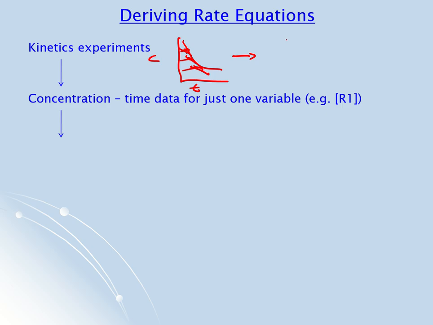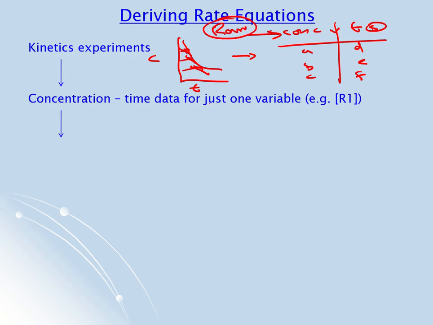From that, we can put together a little table of concentration versus time, usually in seconds, with concentrations A, B, and C, and times D, E, and F, raw for graph. Sorry, apologies, doing this back to front. That's our raw data. From our raw data, we will then plot our graph.